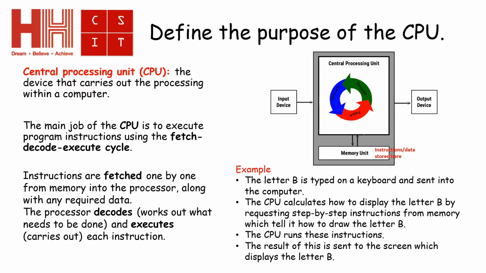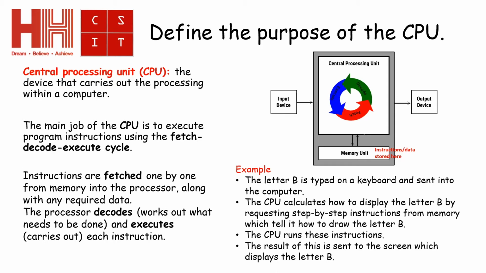The way this works is instructions are fetched one by one from memory into the processor, along with any required data. The processor then decodes or works out what needs to be done and carries out each of those instructions before going back and fetching the next instruction from memory. And that's why it's a cycle. It goes over and over again.